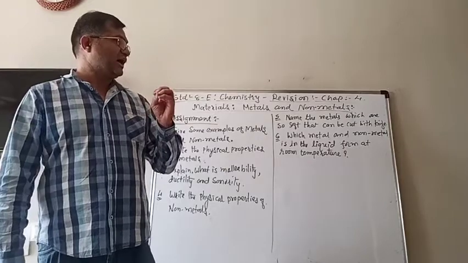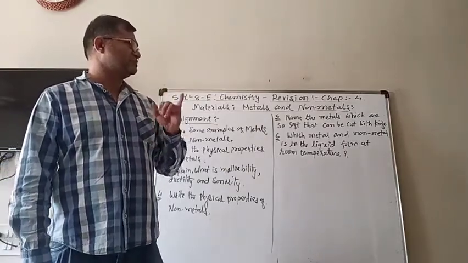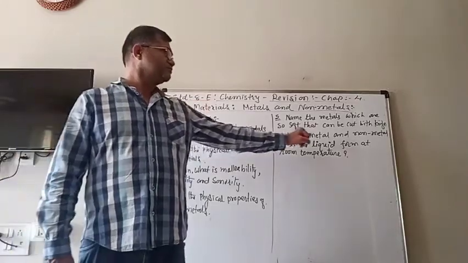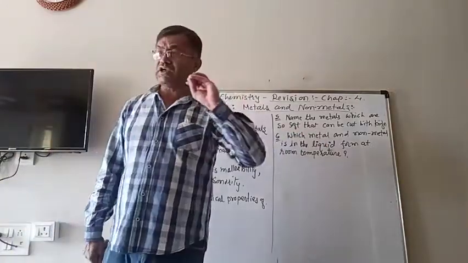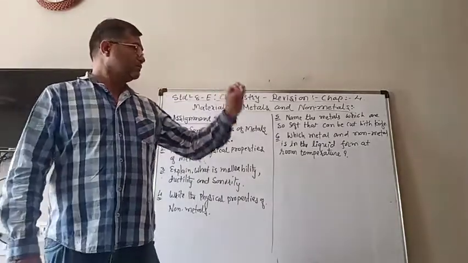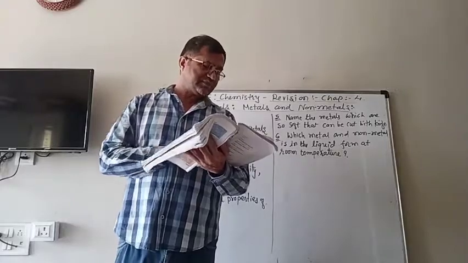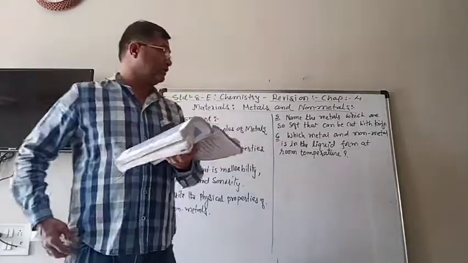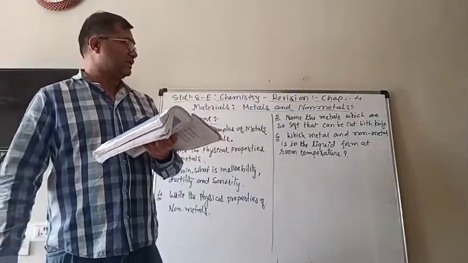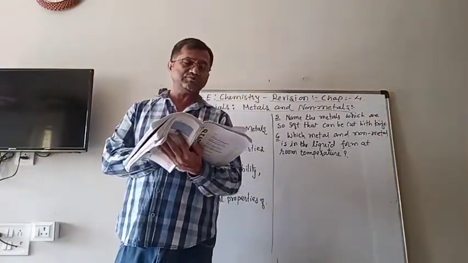So these are the liquids at room temperature: bromine in the non-metal category and mercury in the metallic category.